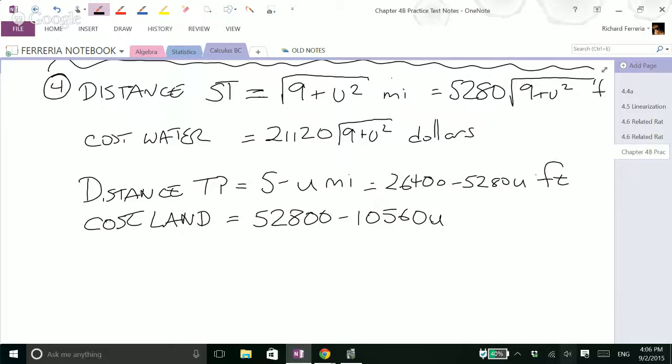Wait, for the cost of the water, don't we need to? Oh, we multiplied it, okay. 4. Let me know if that 10560 is correct. It is. Okay. Wait, you put 10560U, but isn't it just 10560 without the U? Because you multiplied the 2 already.